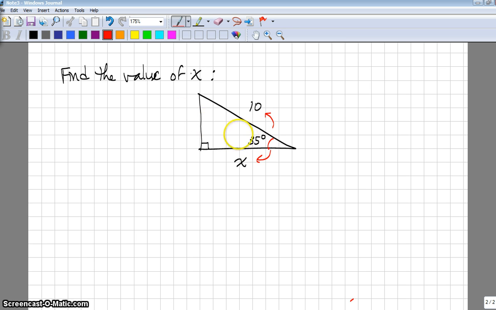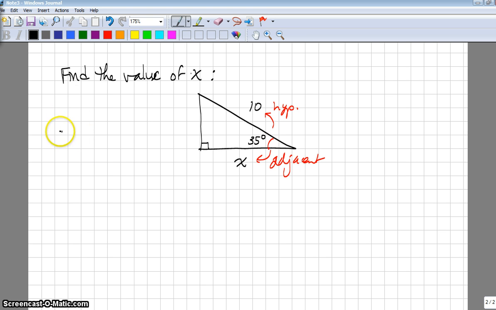This side over here, that would be the opposite side. So I don't want to use opposite here because I don't know that side, and I don't even want to find that side. So I'm looking for the adjacent side, and I know the hypotenuse. So which trig ratio has to do with adjacent and hypotenuse?